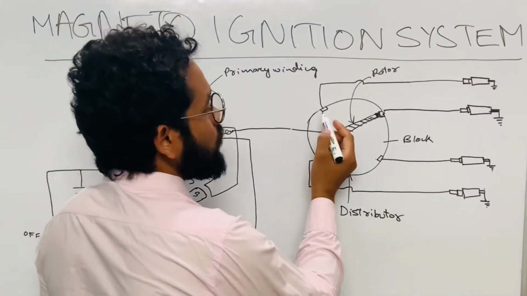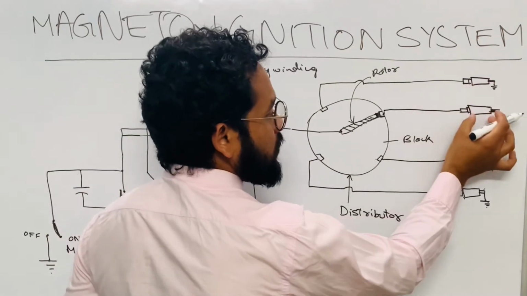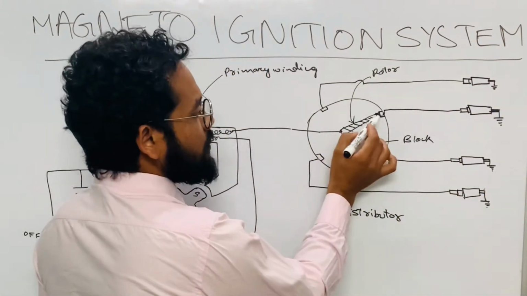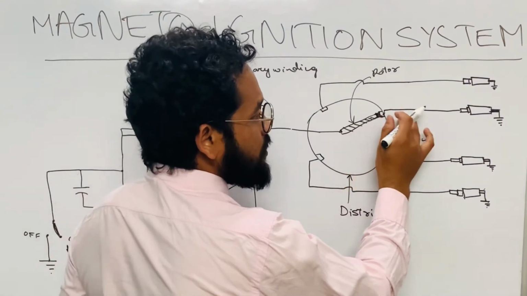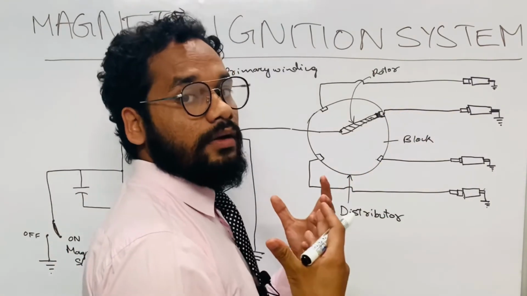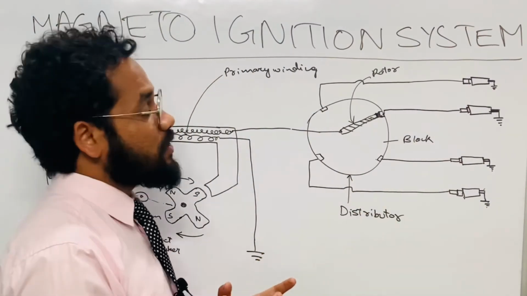These segments are conductively connected to the spark plugs, so that whenever the segments have the higher voltage, they convey that high voltage to the spark plug so that the spark occurs inside the cylinder for burning the air fuel mixture.